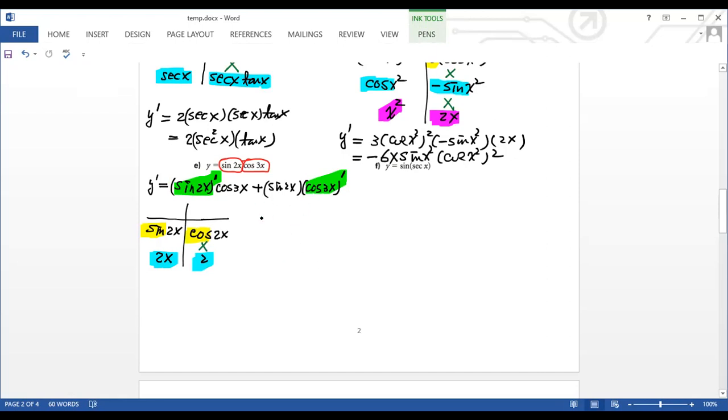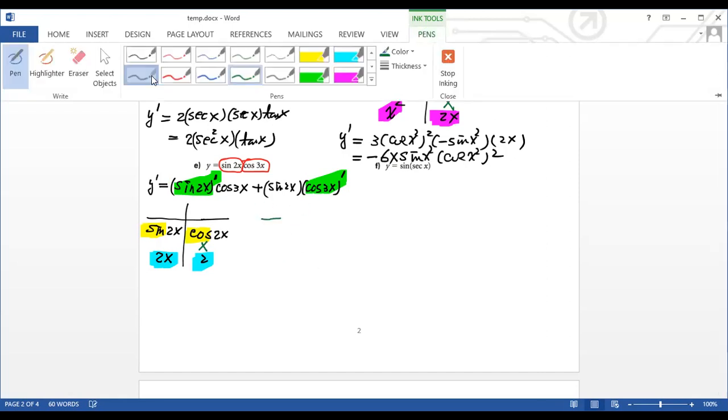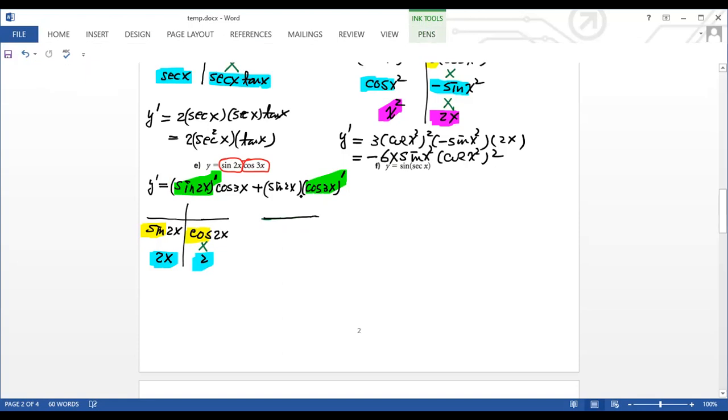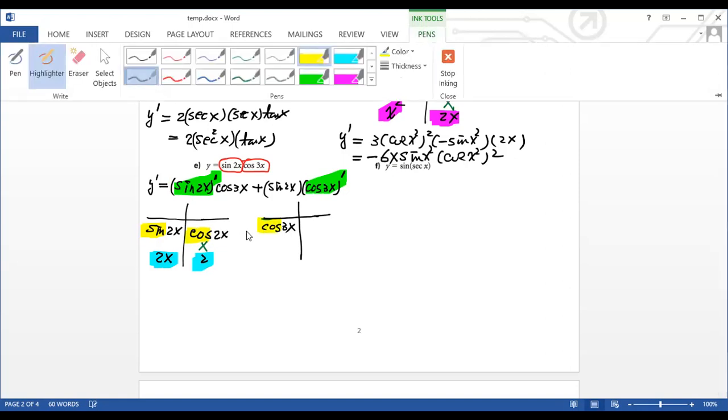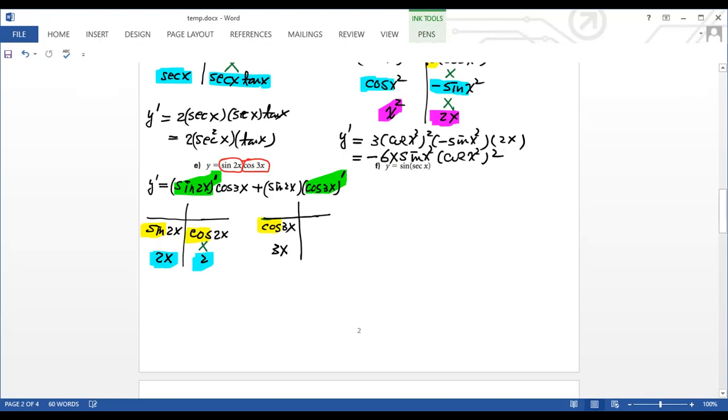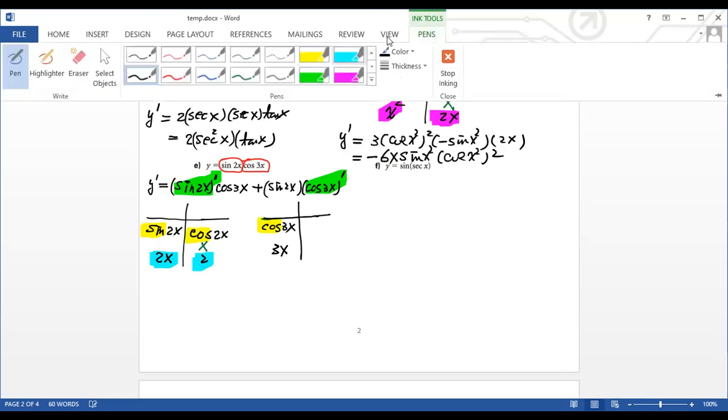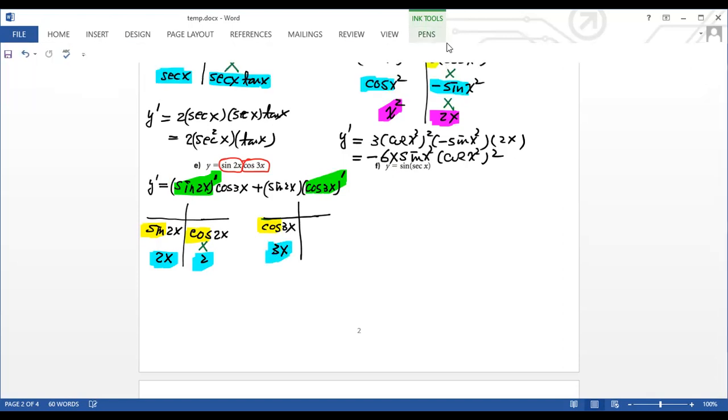Let's do this term also. This term is cosine 3x. So what is my first layer? It's cosine 3x, so cosine is my first layer. What is my second layer? 3x, correct? All right, now you take the derivative of your first layer.